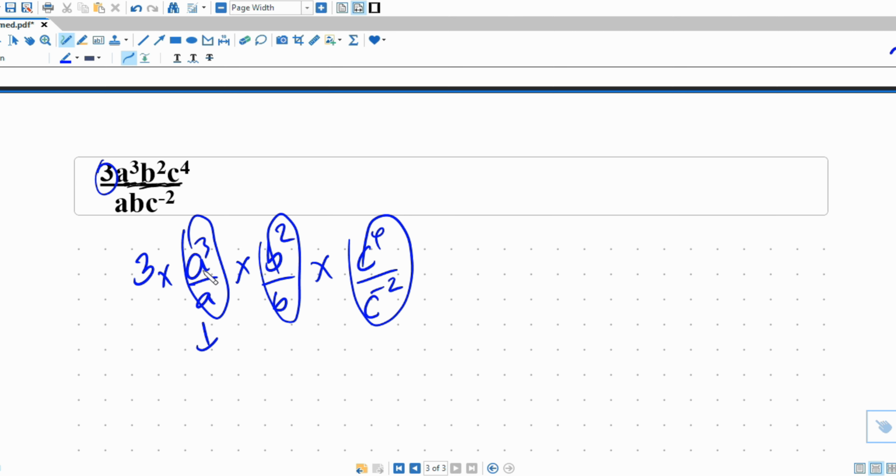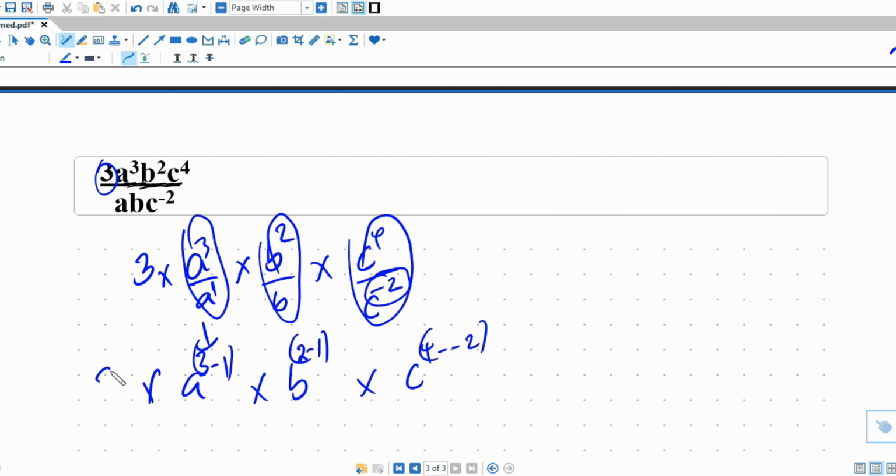Starting with this one here, we shall take 3 subtract 1, because a here is raised to 1, multiplied by b raised to 2 subtract 1, multiplied by c, and 4 subtract negative 2, right? Because here we have c raised to negative 2, so we subtract that one, and of course without forgetting our 3.